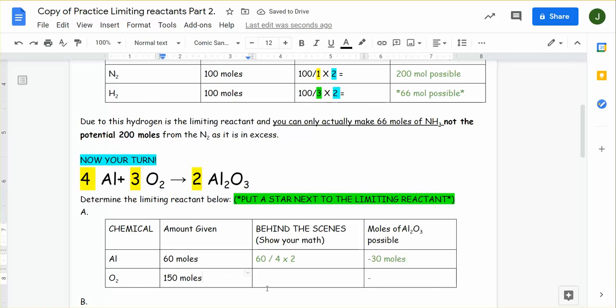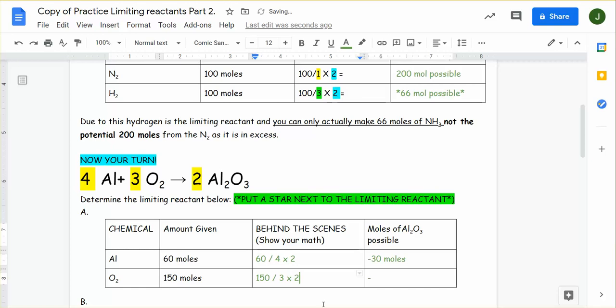Now we do the same thing with our oxygen, but this time our given amount isn't 60, it's 150 moles of oxygen. Remember, we divide by what is given, which is our oxygen, so that's going to be a 3. If you're asking where I get this number, that's this guy right here, oxygen, which is 3.